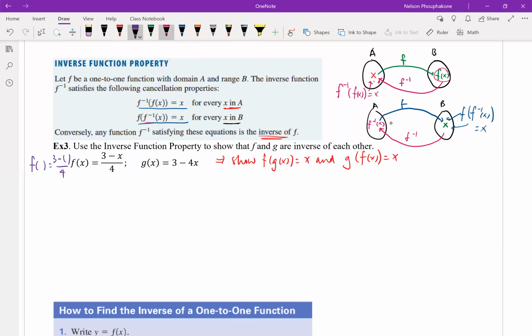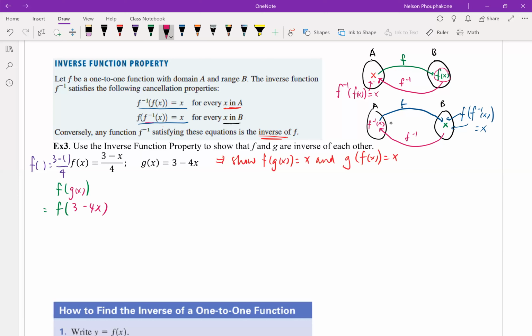Now, what should I do? I would like to show f of g of x first. Just like the f function, I will have 3 minus the input, where g of x is 3 minus 4x.